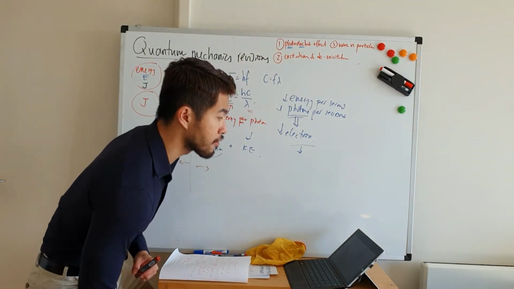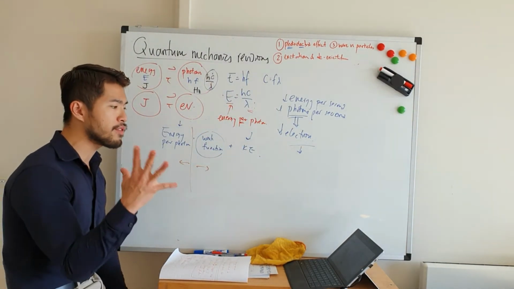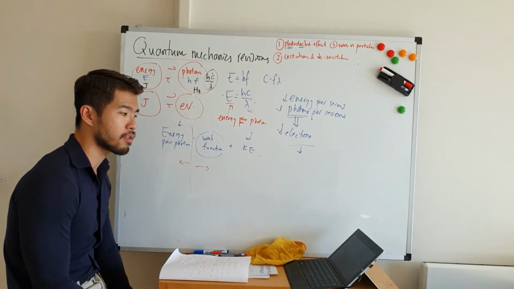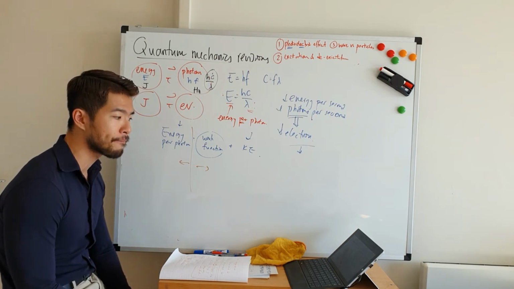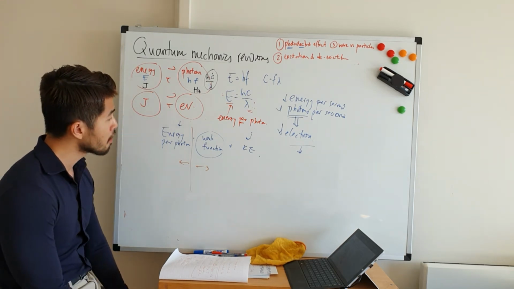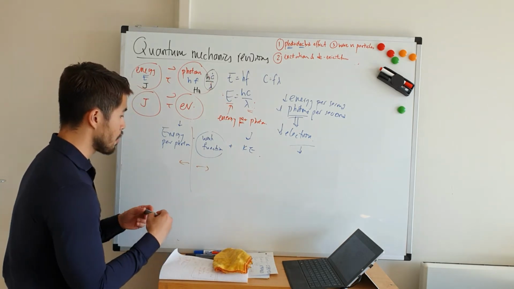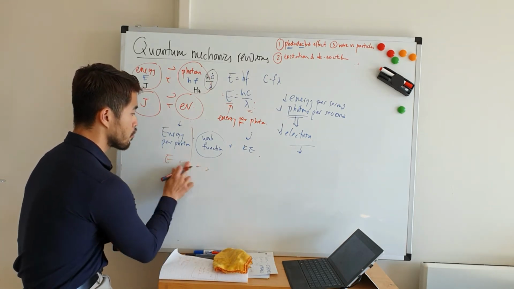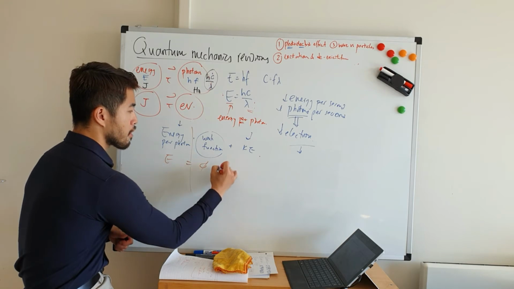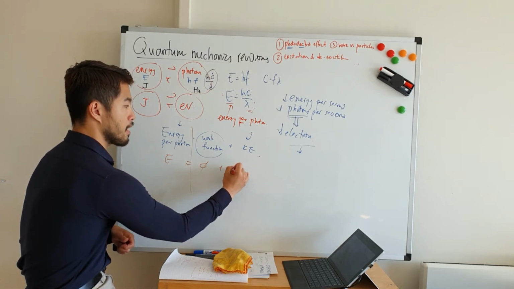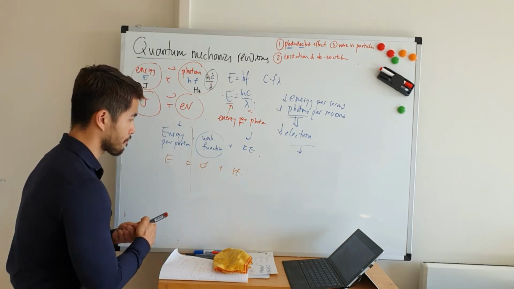Whenever you see these types of graphs, you have to think about what the y-intercept and the x-intercept mean. Our equation will be energy equals work function plus KE.